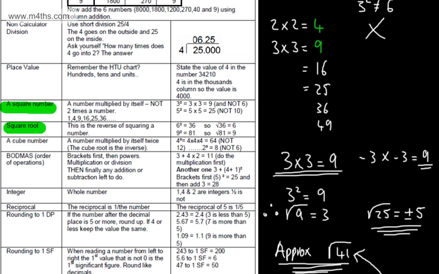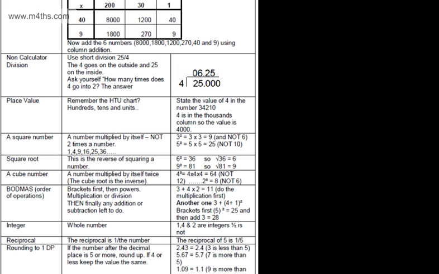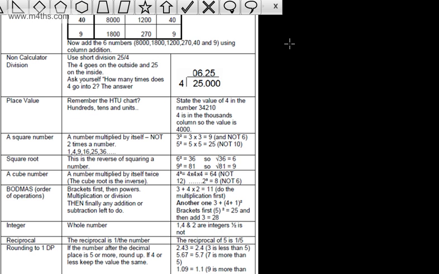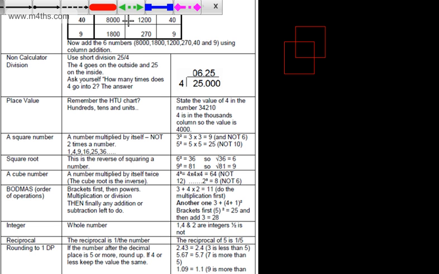Okay, let's look at a cube number. So a cube number, again, if I do a little diagram, you certainly don't need this, but it might give you some understanding. In fact, let's just go ahead and sketch this up. What we've got is a little cube. Now to work out the volume of a cube, we're simply going to multiply all of the side lengths. They will be the same.